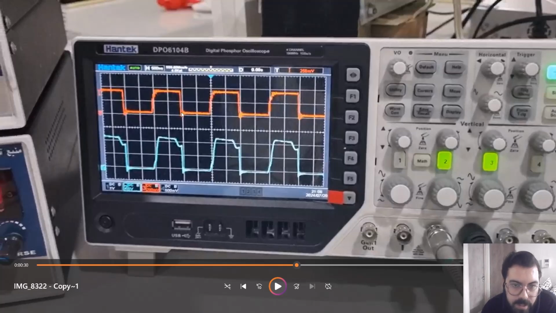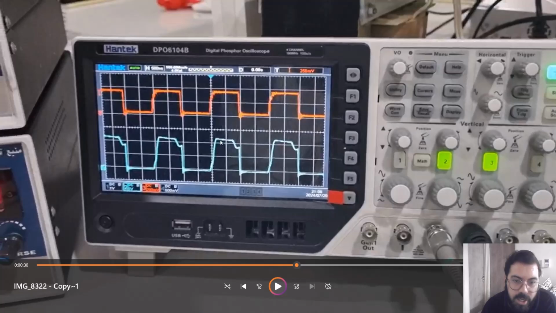As you can see, when this switch is off, this switch is on. When the main switch in the first stage is off, the switch in the second stage is on. When the switch in the first stage is on, the main switch in the second stage is off.